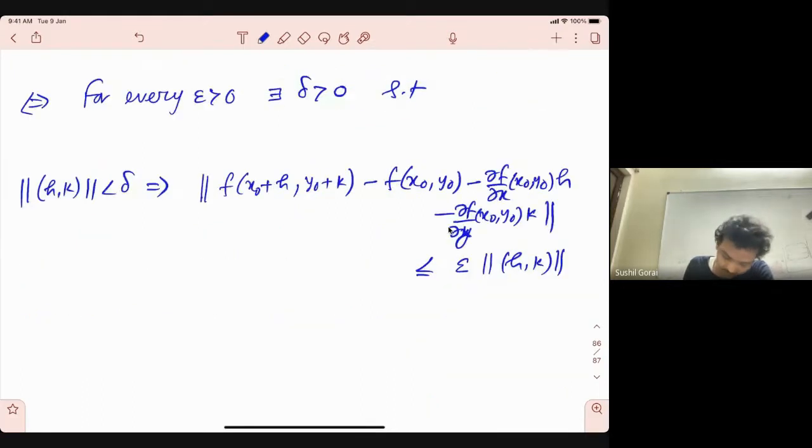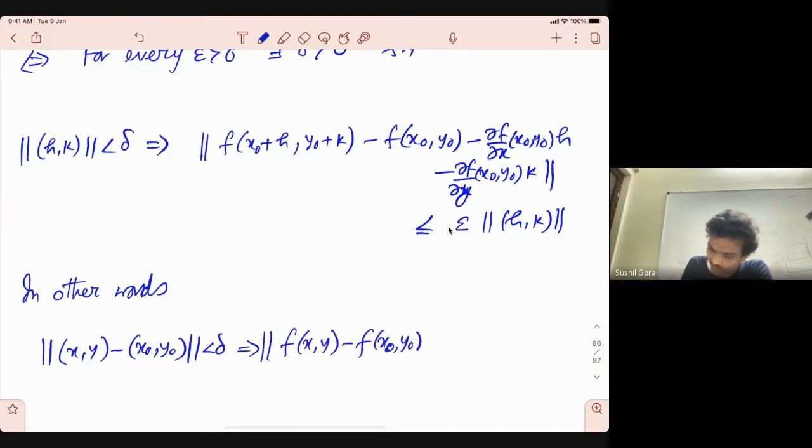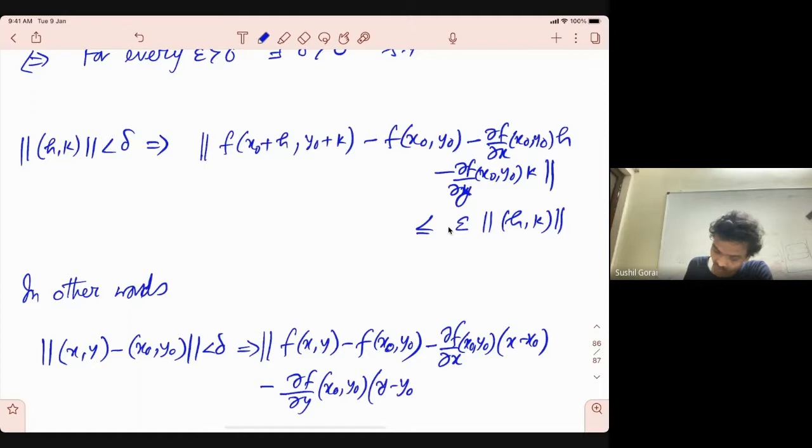All right. In other words, with h, k being x y minus x0 y0, norm less than delta implies f of x y minus f of x0 y0, minus del f by del x at x0 y0 times x minus x0, minus del f by del y at x0 y0 times y minus y0, is less than or equal to epsilon times the norm of x minus x0, y minus y0.